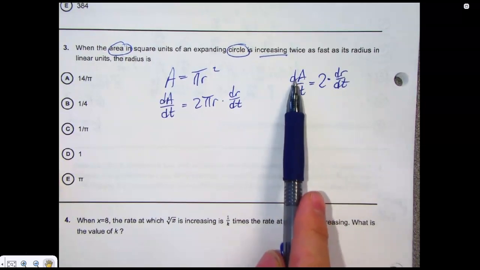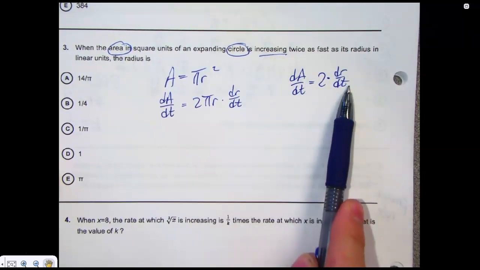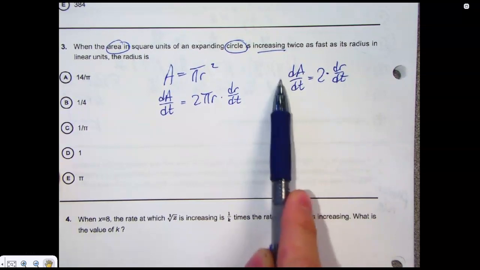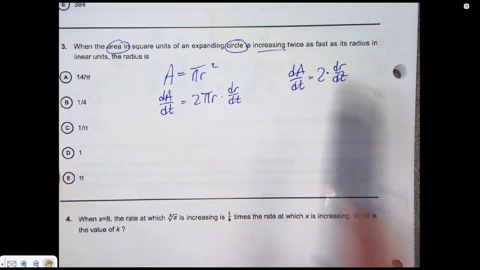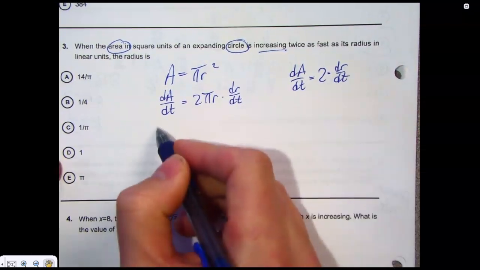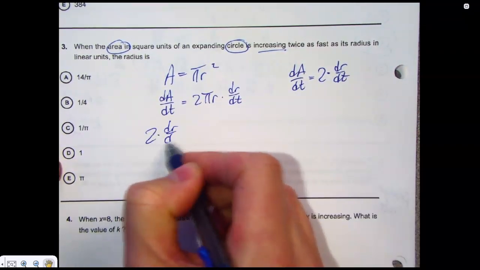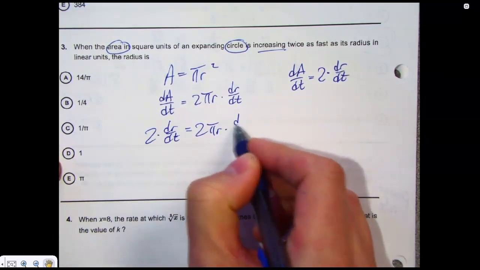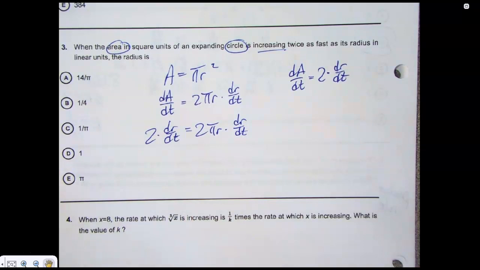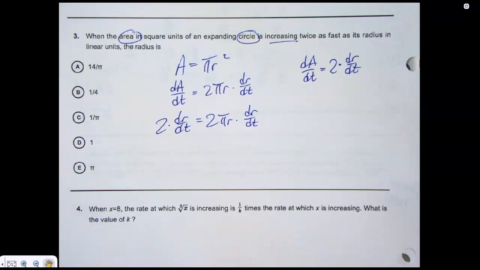So the area is increasing twice as fast as the radius. So dA dt is the change in the area, dr dt is the change in the radius, and this is twice as fast. Well, then if I go over here, I can put 2 times dr dt in that spot equals 2 pi r times dr dt. And they're asking me for the radius.